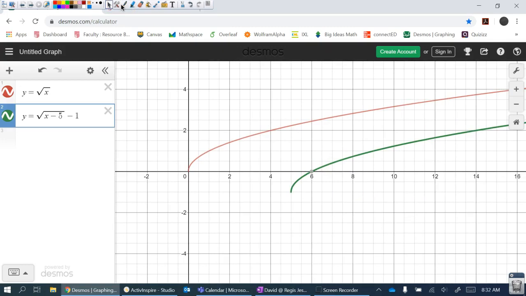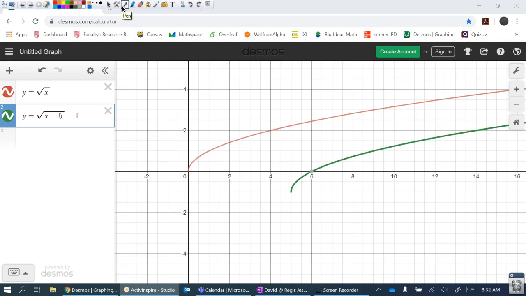Now, the green graph we're showing is the square root of x minus 5, all under the radical sign, and then minus 1. We can identify the three numbers here as a equals 1, h equals positive 5, and k equals -1.